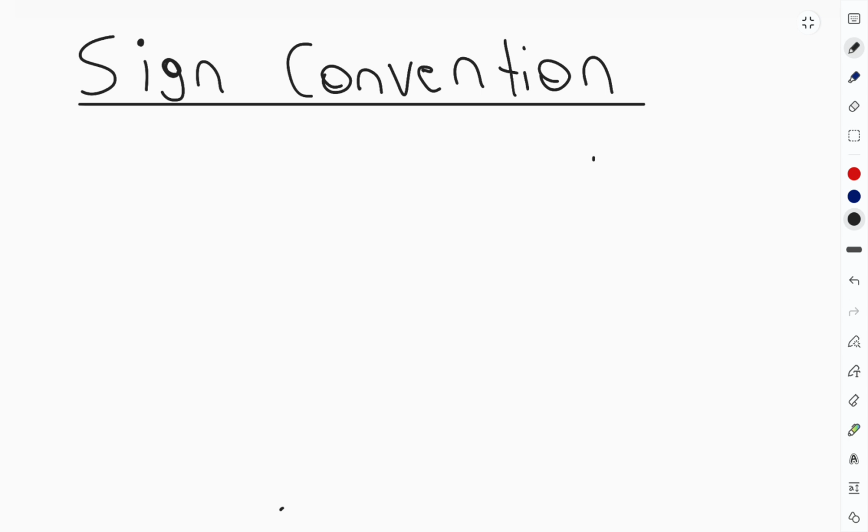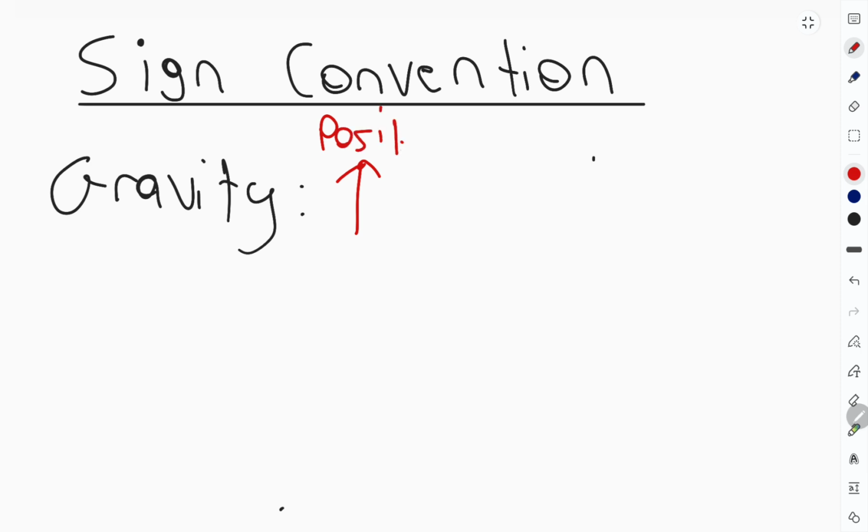Firstly, let's start with the signs for gravity. Even though people confuse them, they are actually very easy to remember. Just remember one thing. For gravity, when you choose up as positive, gravity is negative 9.8 meters per second squared.